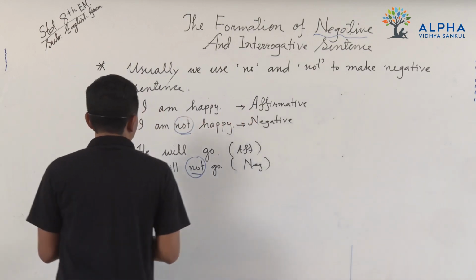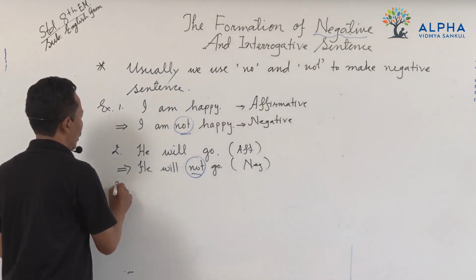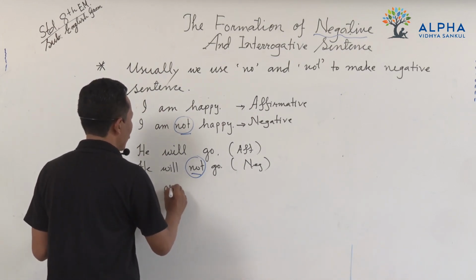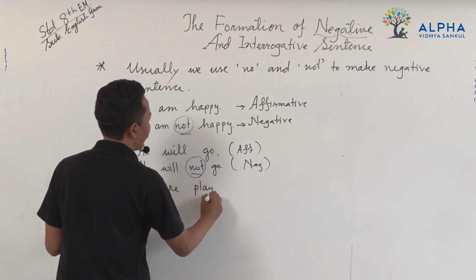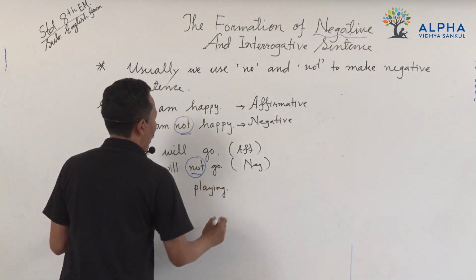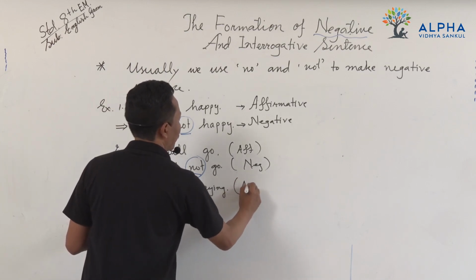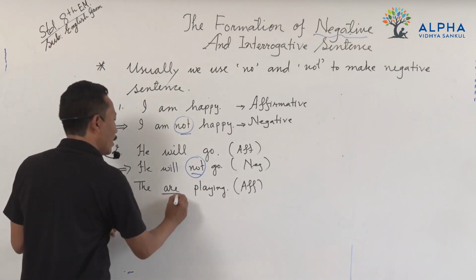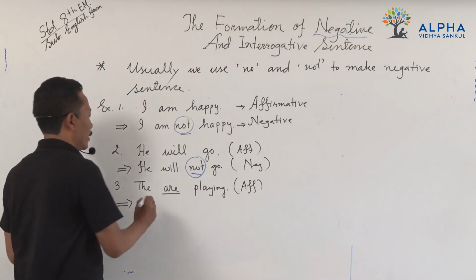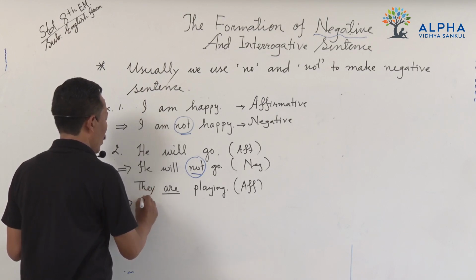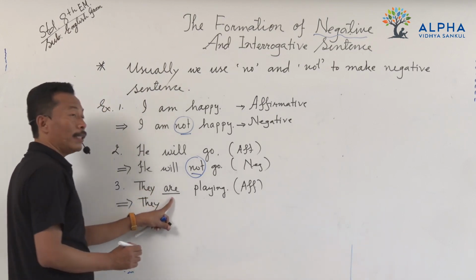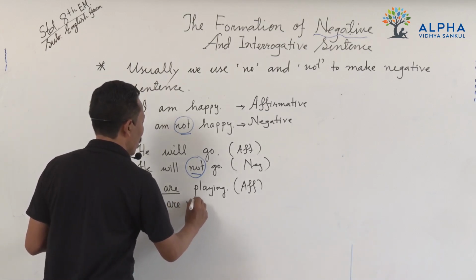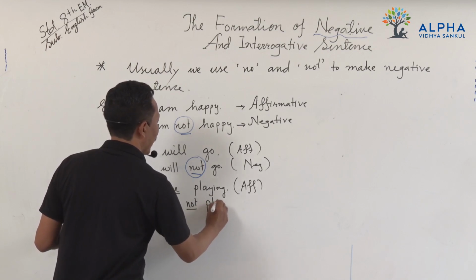More examples I'll give you here. Number 3: They are playing. And this is affirmative. And now you see, here is the auxiliary verb. So just after are, we have to put not. They are not playing.